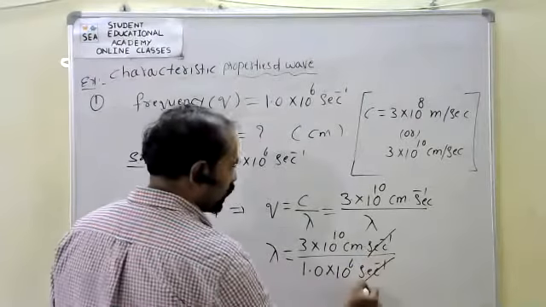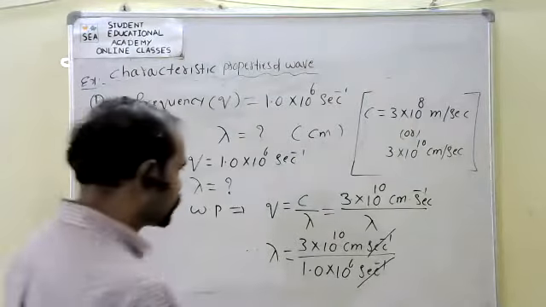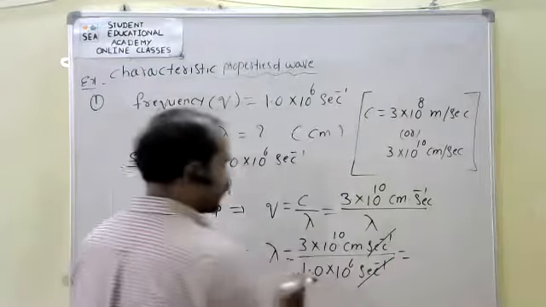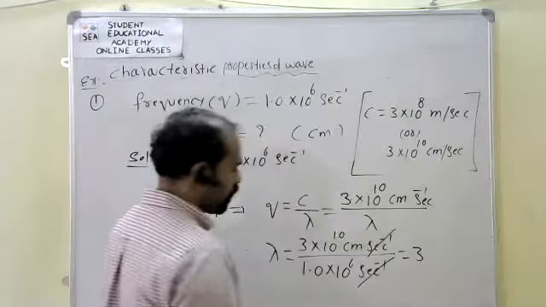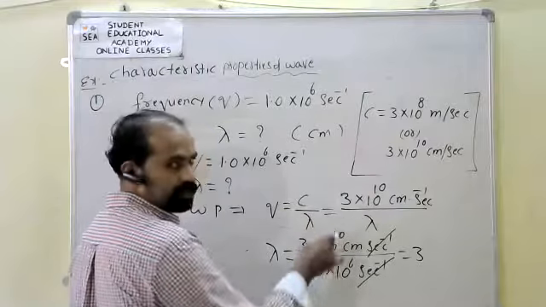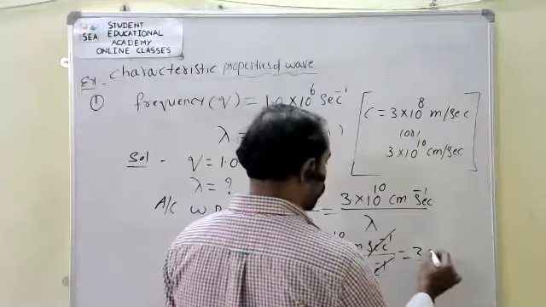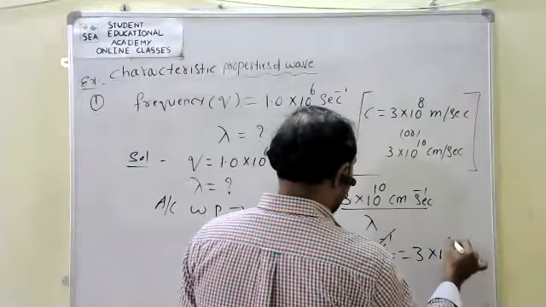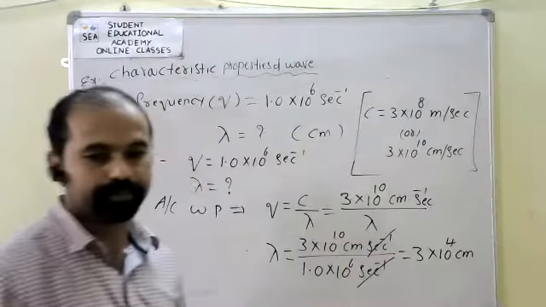This second inverse gets cancelled. Now the answer we get is in centimeters. How much is that? It is nothing but 3 by 1, that is equals to 3 into 10 power 6. We can take 10 power minus 6, remaining 10 power 4. 3 into 10 power 4 centimeters.